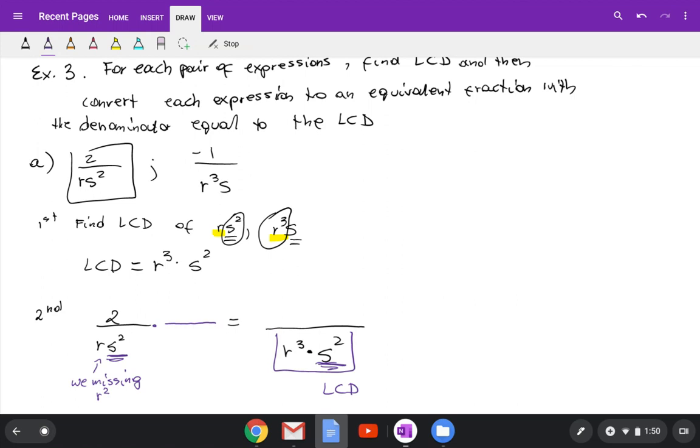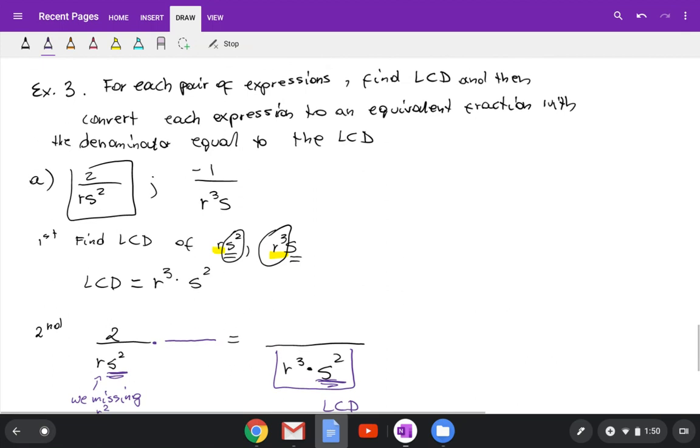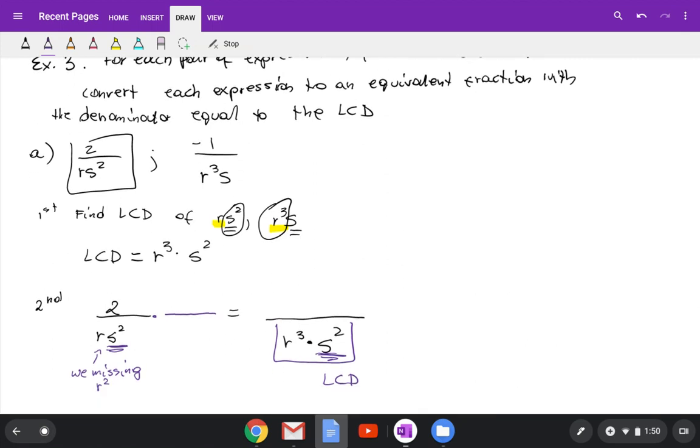Because we have only one R, we need R to the third power. So you're going to multiply top and bottom by the factor which we're missing. Okay, so we're missing R to a second power.